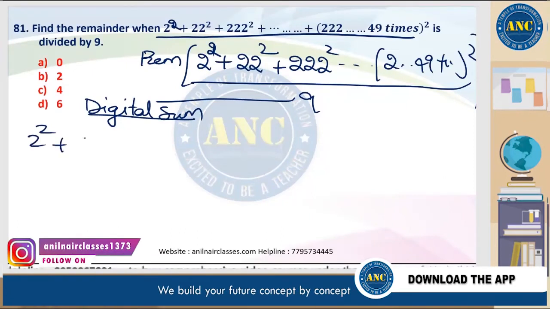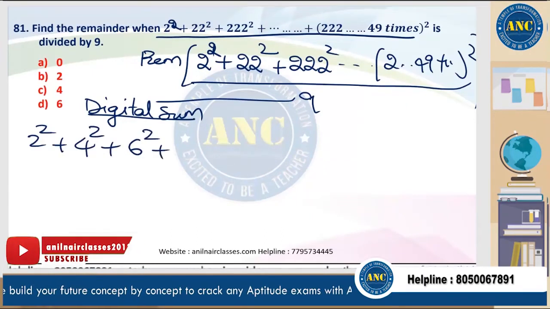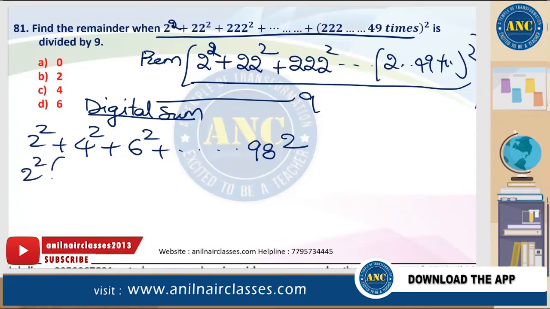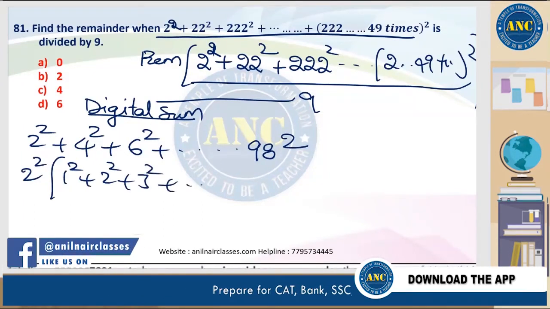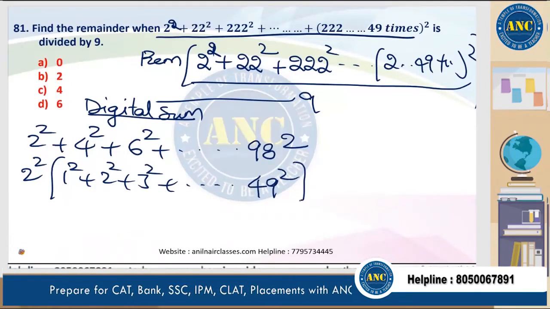First is 2 square. 2 plus 2 is 4 square. 2 plus 2 plus 2 is 6 square. 2 written 49 times is 98 square. So 2 square, 1 square plus 2 square plus 3 square and so on up to 49 square.